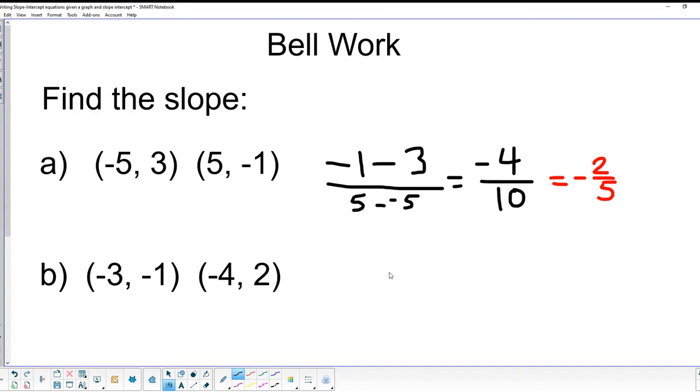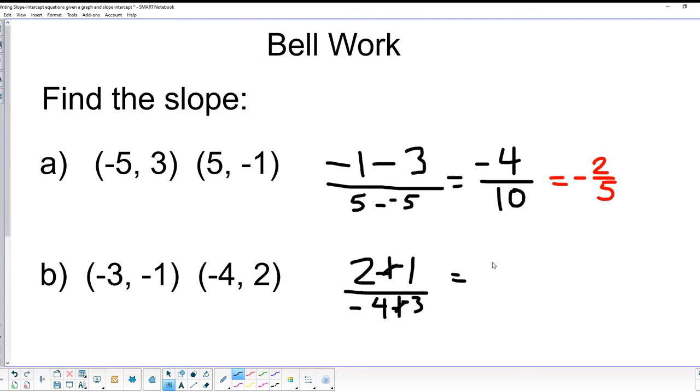We've got 2 subtract -1. All of that's on top, and then on the bottom we have -4 subtract the first x value, which is -3. So 2 subtract -1 is the same as 2 plus 1. So that just becomes a big plus sign, and so does this.